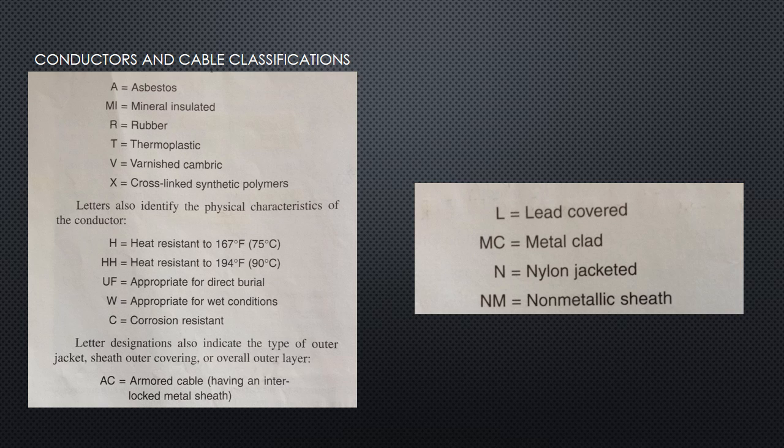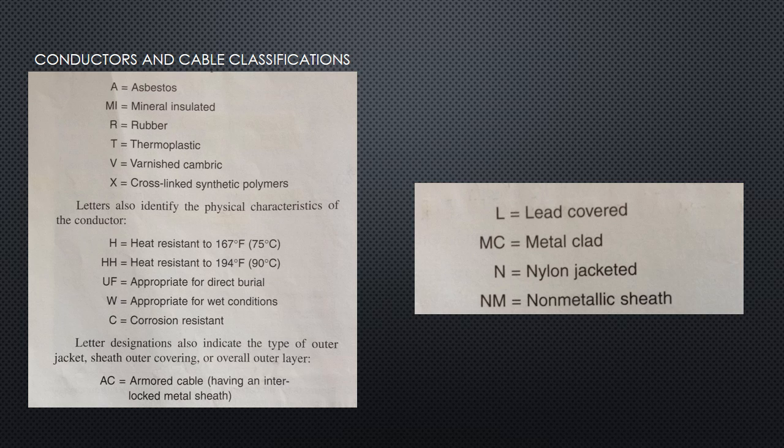Numerous other letter designations are included in Table 310.104(A) of the 2011 NEC, Conductor Applications and Insulations Rated 600 Volts. Letter designations are marked on the product for easy identification.